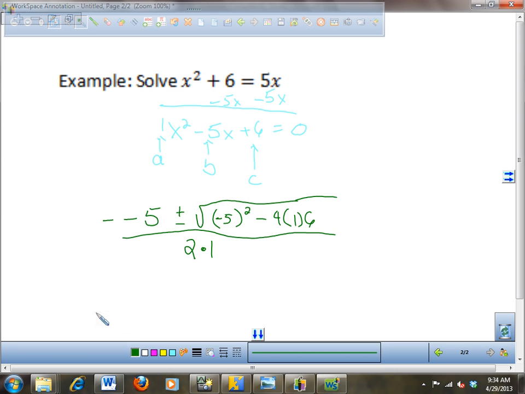Everyone see where I got those numbers from? Negative b plus or minus the square root of b squared minus 4ac over 2a.